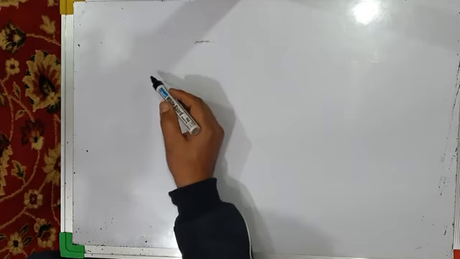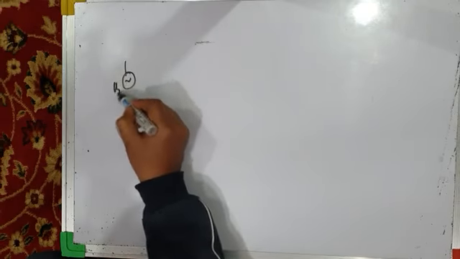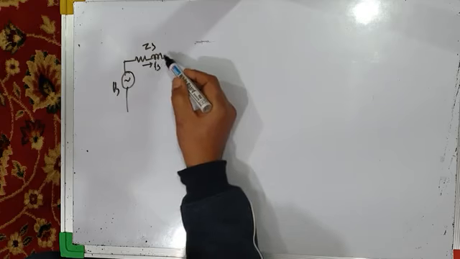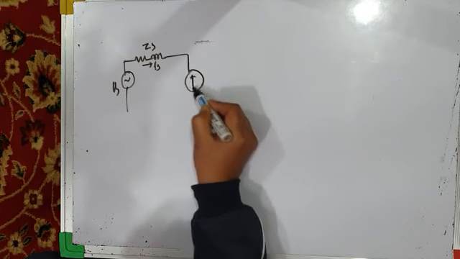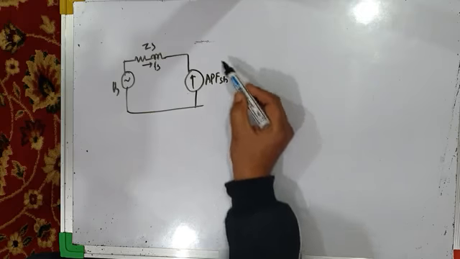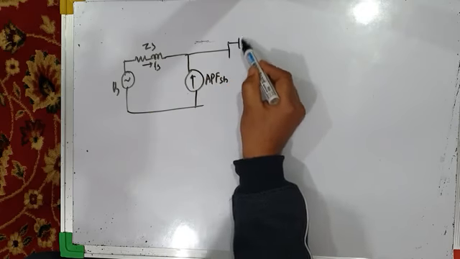Another variation or another topology may be like this. This is source voltage, source impedance. Now you have a shunt active power filter, shunt, and you may have a passive series power filter.